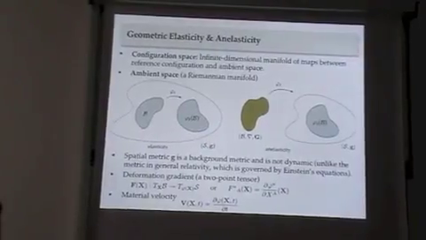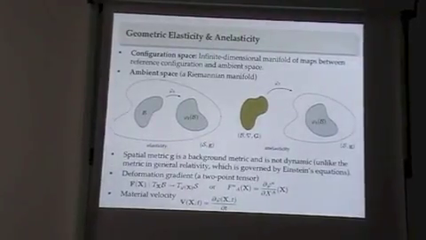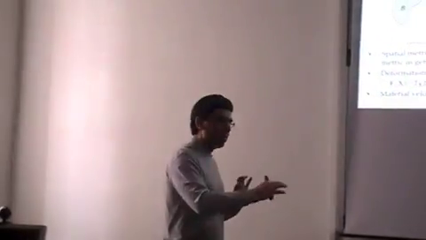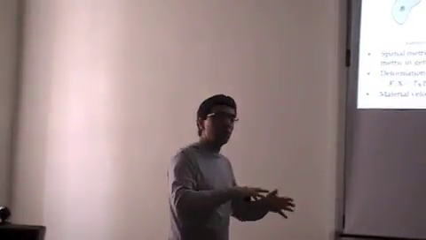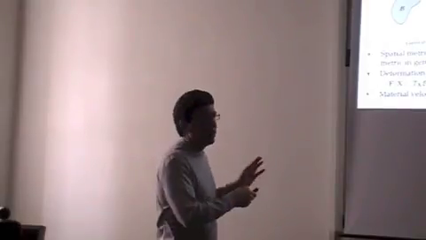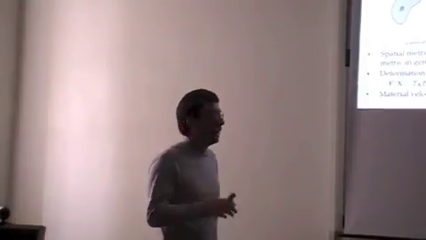So, nonlinear elasticity. This is the classical picture. This S and g is a Riemannian manifold. Let's say for us it is Euclidean space, but it doesn't have to be. This g is a background metric which allows you to measure distances. For example, if you're looking at the motion of a membrane which is constrained to move in some curved space, then this background metric would be something non-flat.